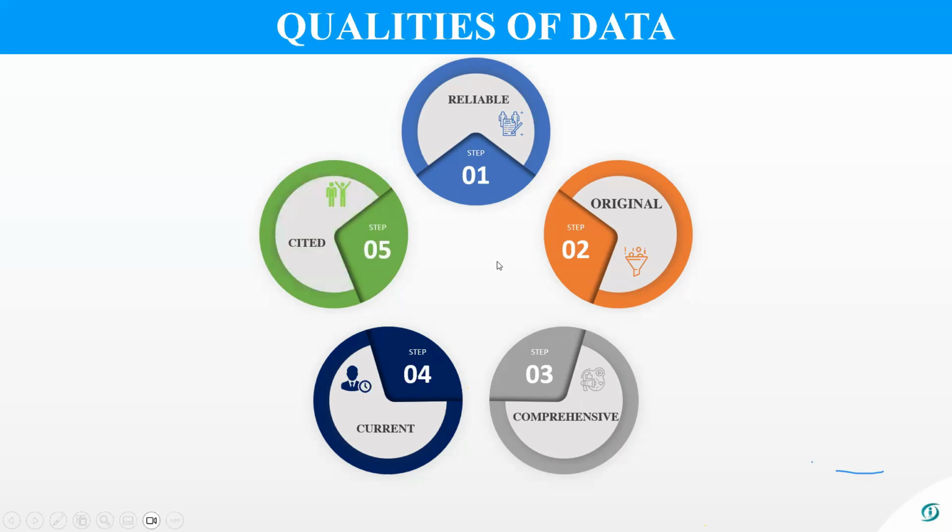Then data needs to be cited. Please make sure you cite it and state the source. Even if you see data just like that, let them cite where they got the data. If there is no citation on the data, don't trust that data. Nobody will just give you data without citation. When the survey was conducted, who did the survey, on what topic, why did they conduct it, what are the variables within the data, you need to know all that.